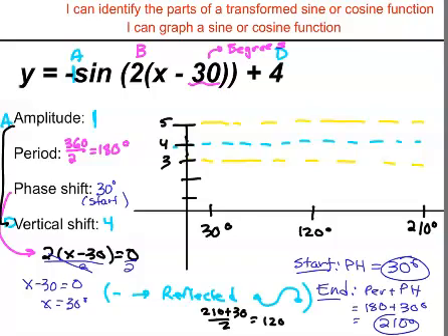What's halfway between 30 and 120? Well, if I add those, I get 150 divided by 2, 75, etc. If I add those two, I get 330 divided by 2, which is 165. Okay. I think for sure we should have the 30, the 120, and the 210.